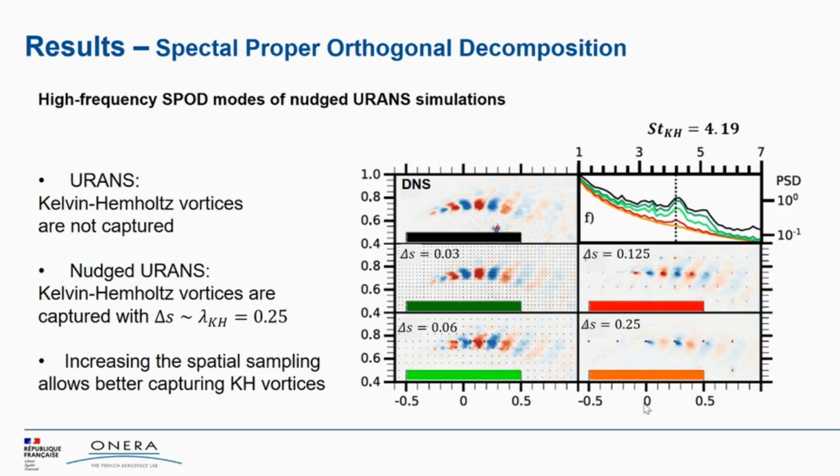Here, we see that when the sampling distance delta S is more or less equal to the wavelength of the Kelvin-Helmholtz instability, in that case 0.25, which is the orange plot, we start to be able to capture these instabilities, these vortices. And clearly, when we decrease the sampling distance, we better capture the Kelvin-Helmholtz vortices.